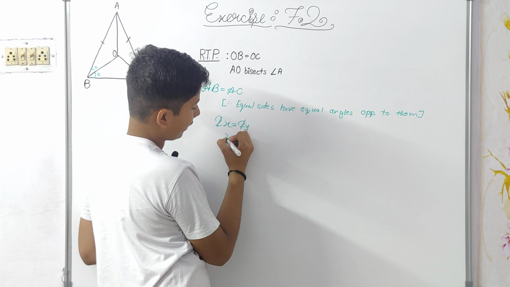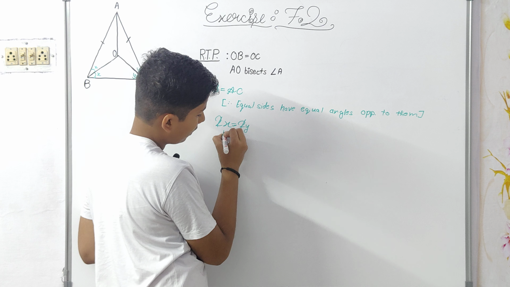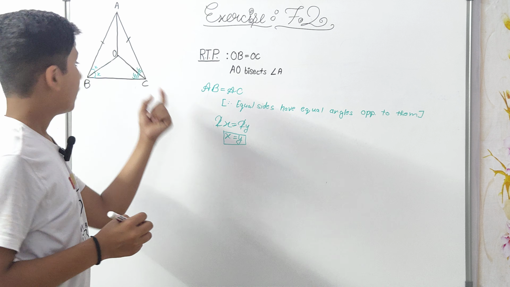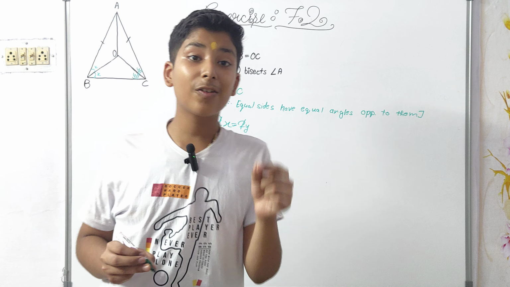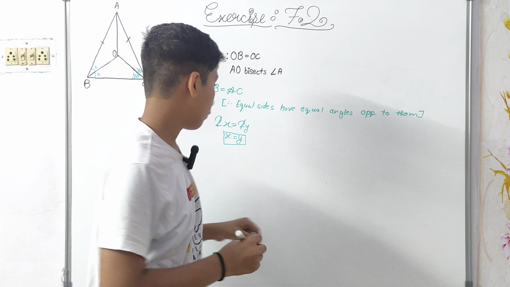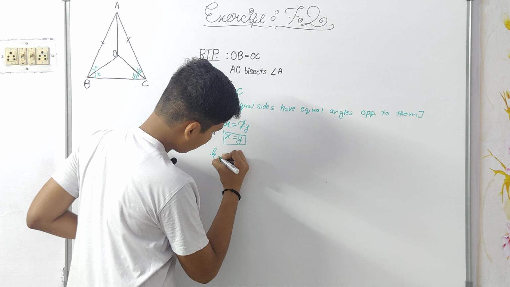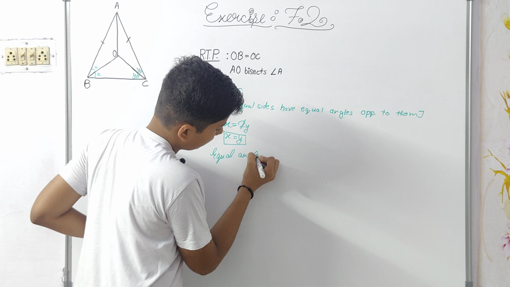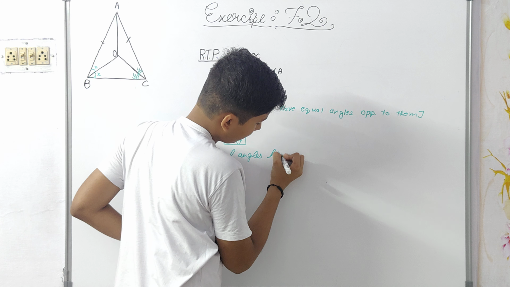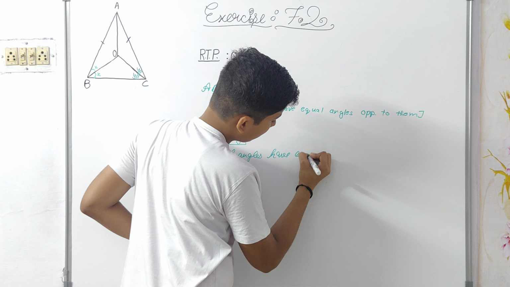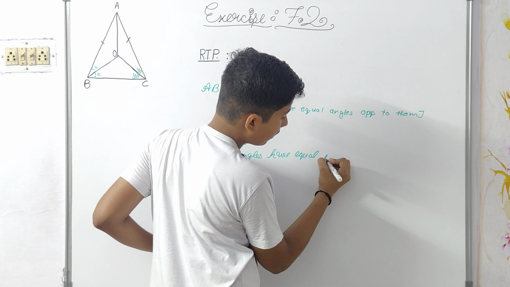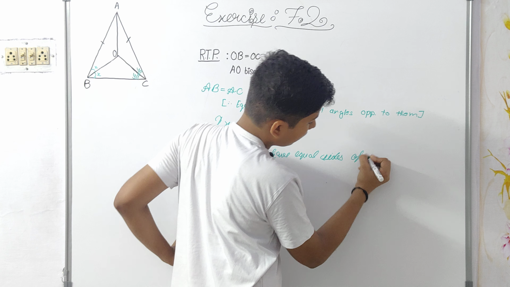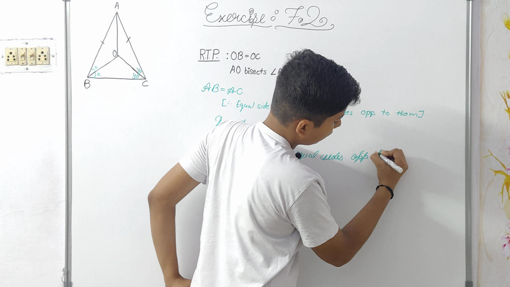Cutting, x equals y. Now x equals y. We again know that equal angles have equal sides opposite to them. Equal angles have equal sides opposite to them.